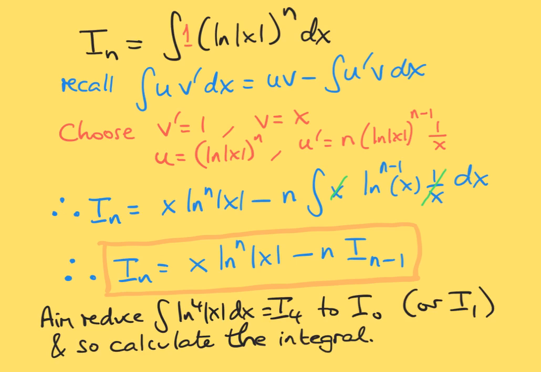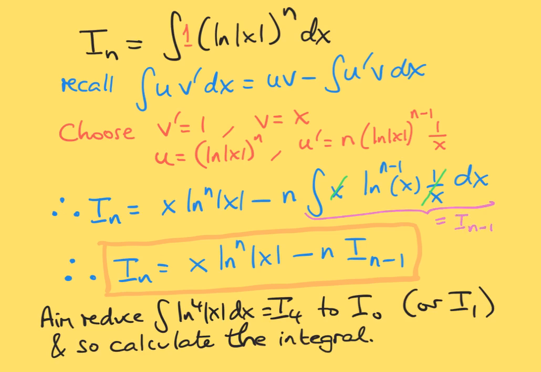And now we recognize that this integral is exactly the same as this integral, but we have replaced n by n minus 1. So all of this is equal to I sub n minus 1.